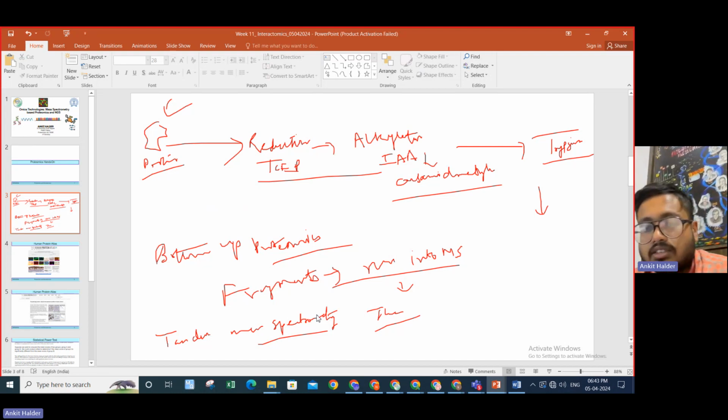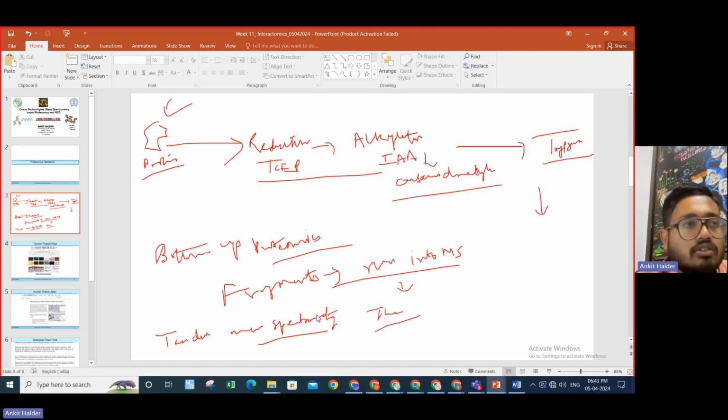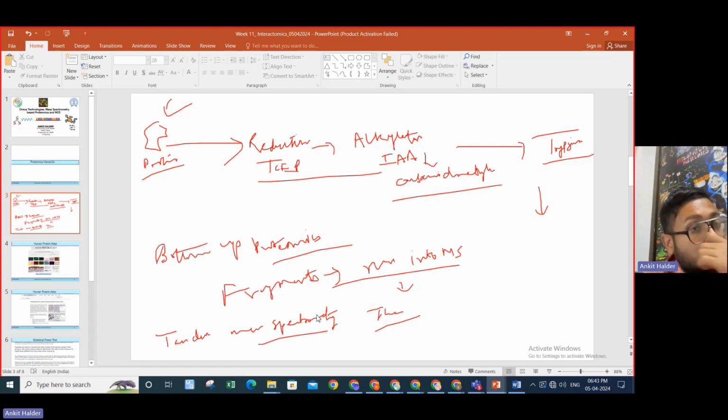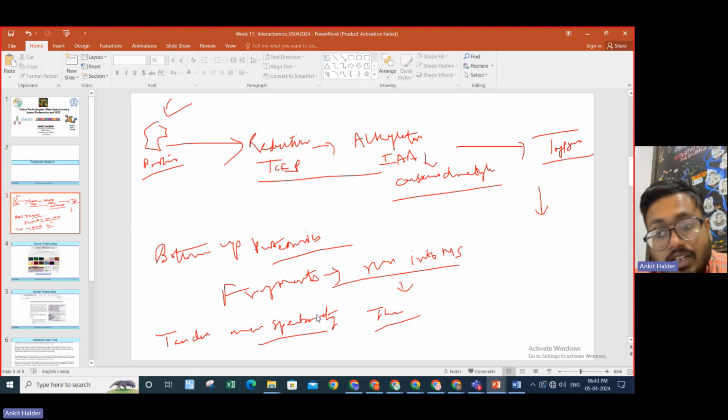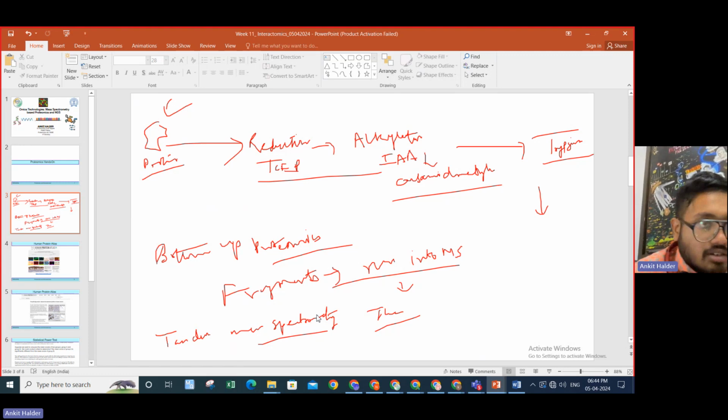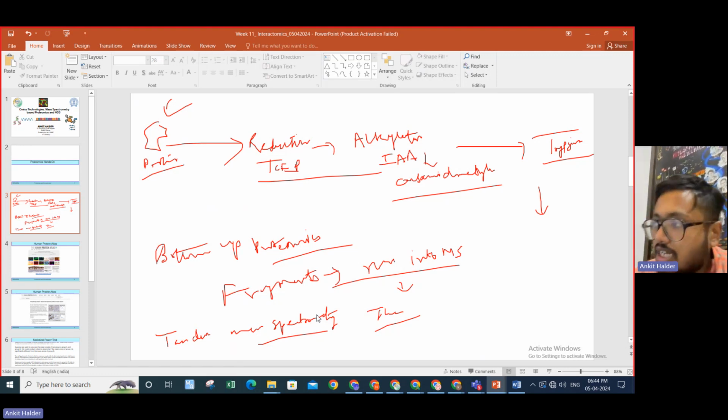And once you get the m/z values, you can say that this peptide has this much mass, but you cannot deduce the exact sequence of the peptide, because many amino acid combinations can give you the same m/z, right?